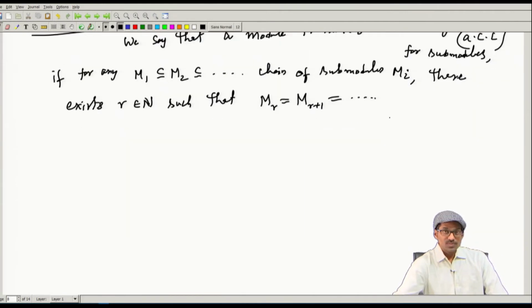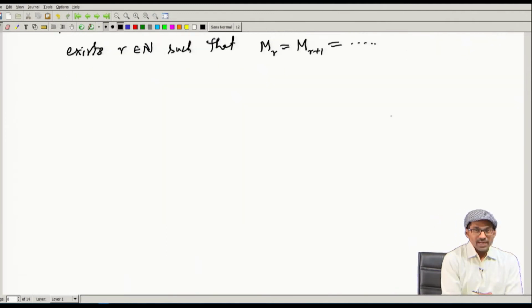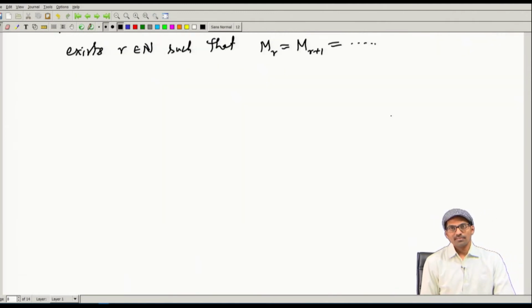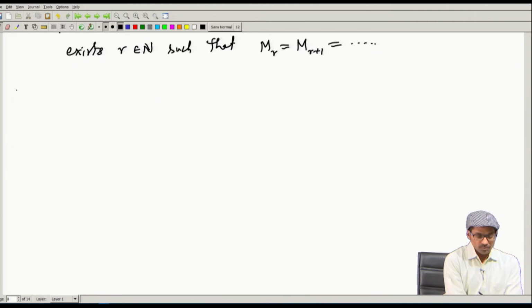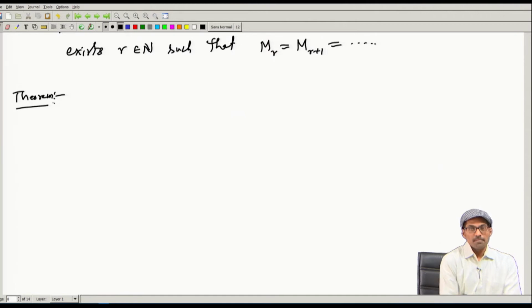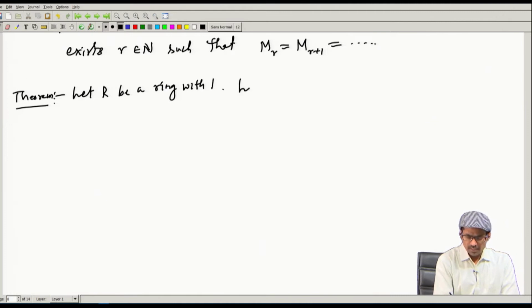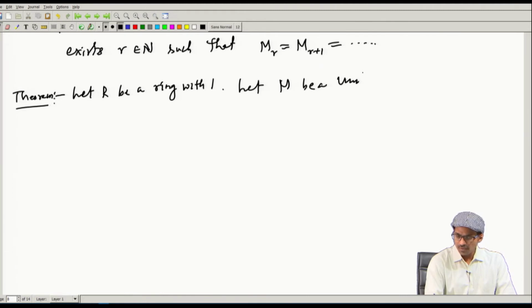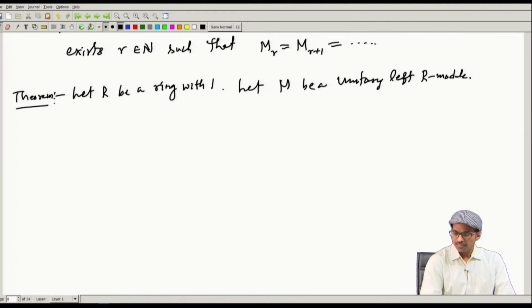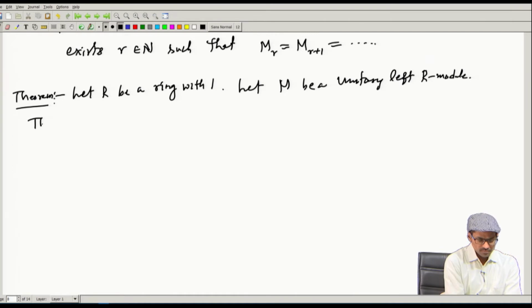Now let us prove certain equivalent conditions and then we will define a Noetherian module. So, the theorem: let R be a ring with unity, let M be a unitary left R module, then the following statements are equivalent.